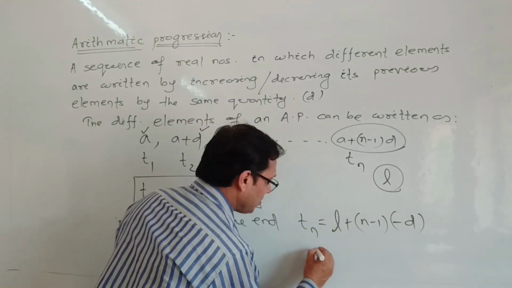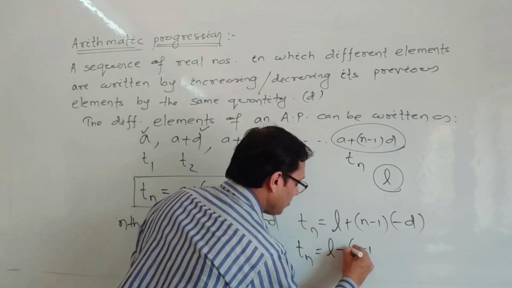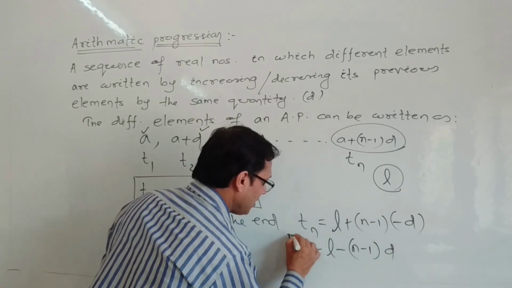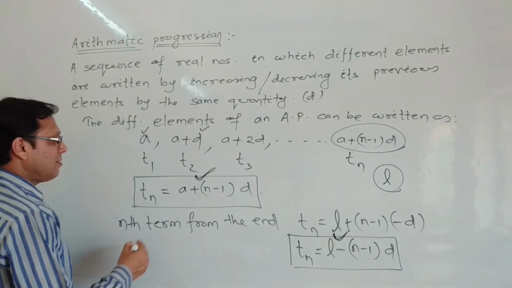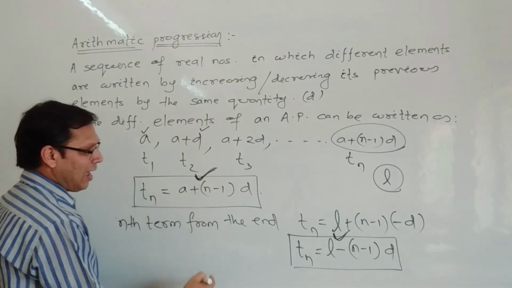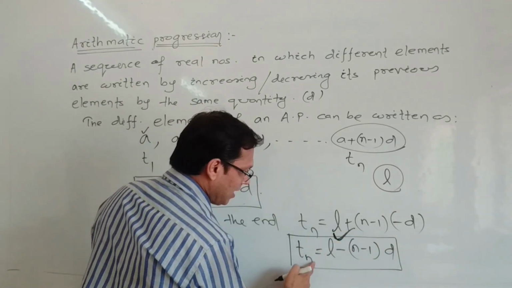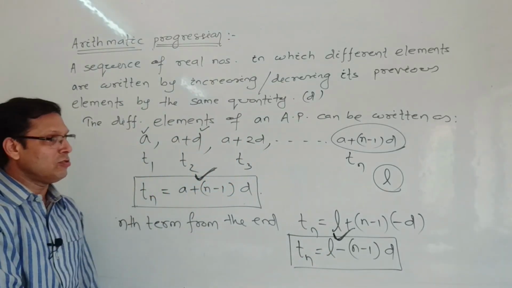So this is nothing but T_n is equal to l minus (n minus 1) into d, where l is the last term. So you can find the nth term from the beginning by this formula and the nth term from the end by this formula. Okay, now make it a note.